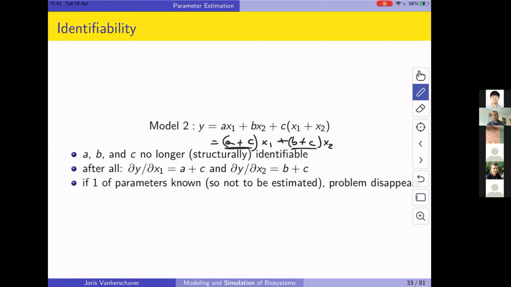You know what A plus C is, you know what B plus C is, and you have this new information, C is equal to 2. That then allows you to find A and B as well. So even if your model is structurally not identifiable, maybe there's some extra information that you can add to make it identifiable.